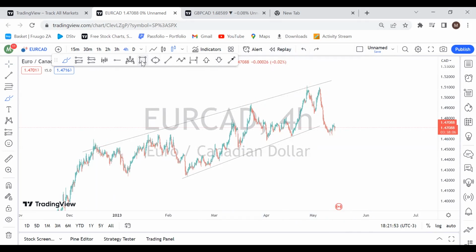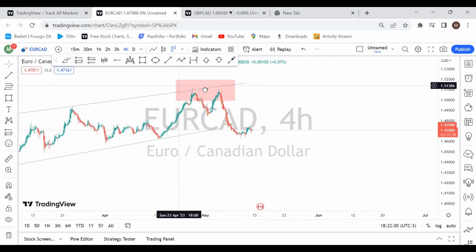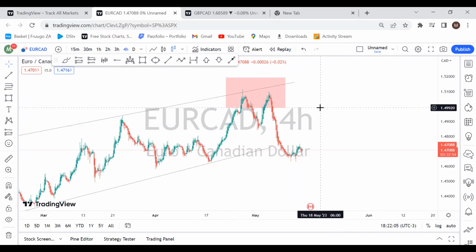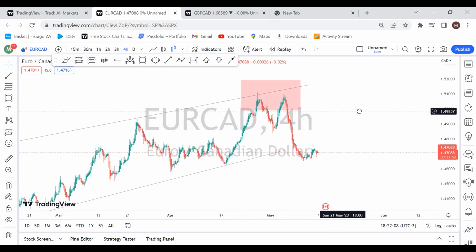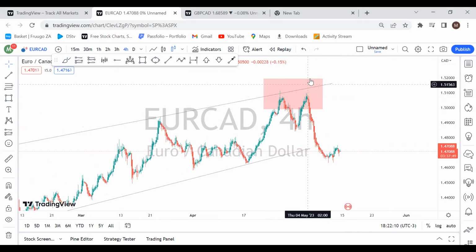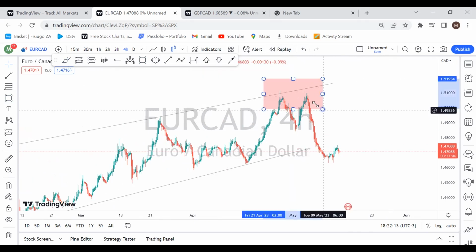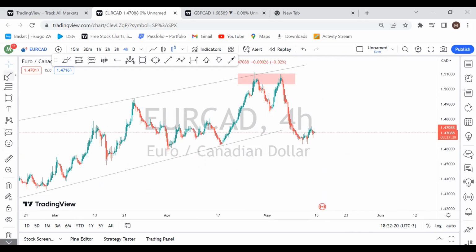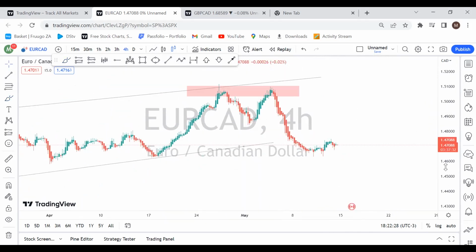The third touch, which is this area, has the highest probability once again. And from the third touch, you really need to focus on what the market presents, right? So in this case, it presented a clear double top, which is confirmation that we're going to the downside. And we did.